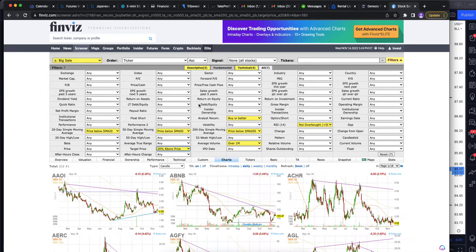So as far as looking at the actual assets themselves, this is specifically for stocks. Let me see ETF. I know you can look at sectors, that could help you out.